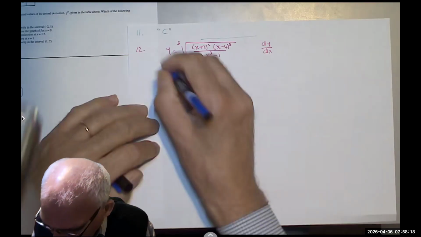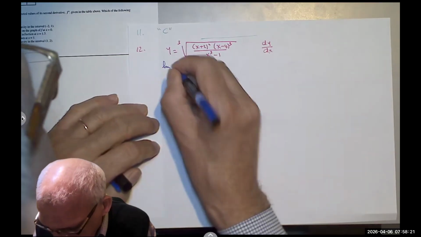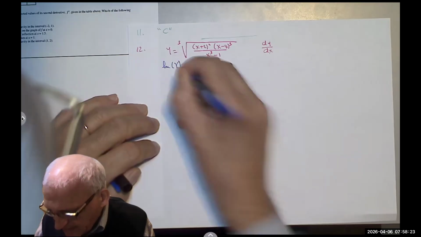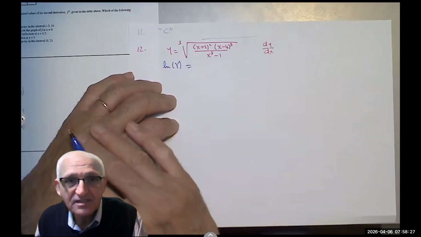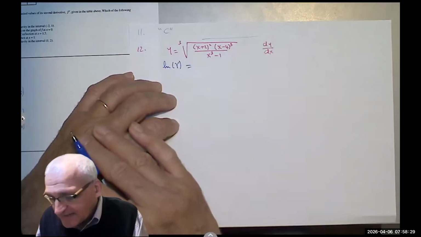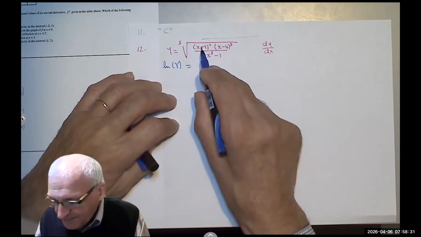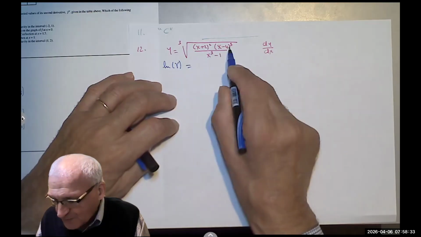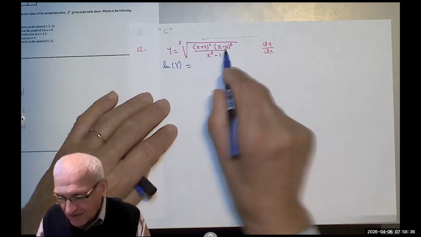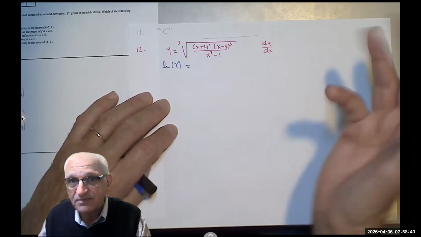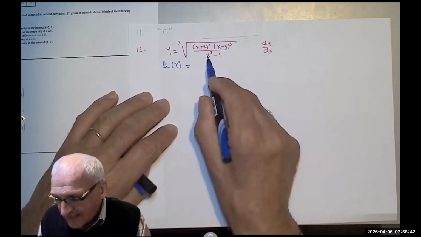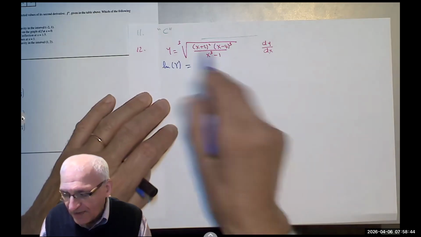So I can say log of y, or natural log, it doesn't matter, but natural log of y equals the natural log of the right-hand side. Notice that for the cube root, this power is 2/3 and this one is just 1, because the cube root of (x minus 4) cubed is just x minus 4, and it's (x cubed minus 1) to the 1/3.